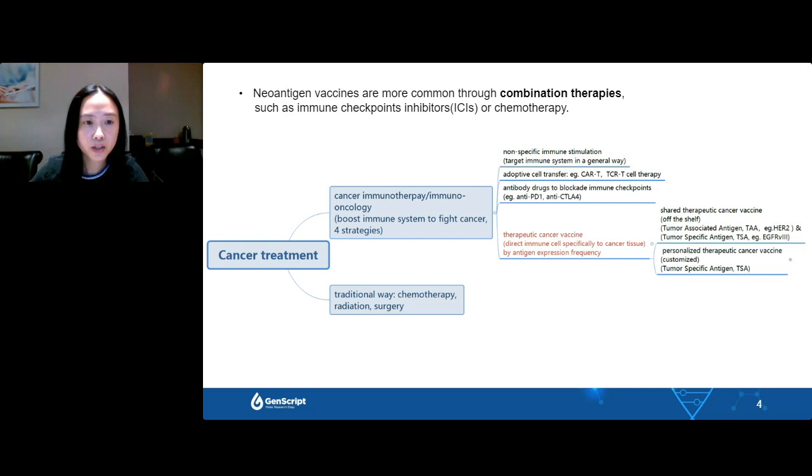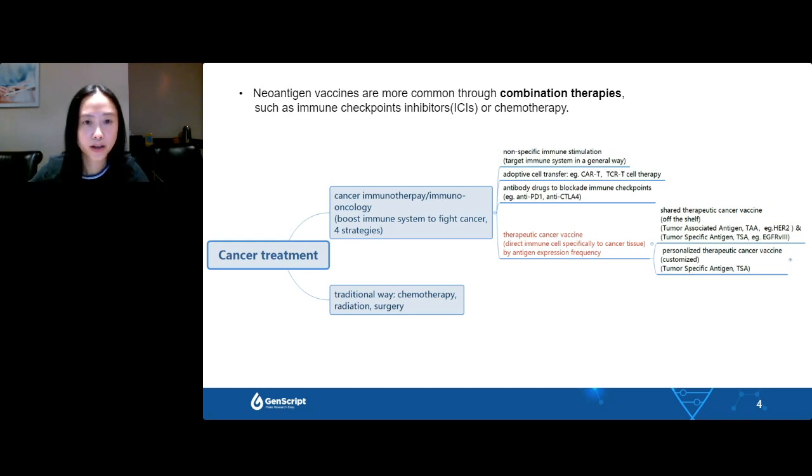So first, let's take a whole picture and look at cancer treatment. The traditional way uses chemotherapy, radiation, or surgery. But in recent years, we're trying to use our own immune system to fight cancer. It's called cancer immunotherapy or immuno-oncology.